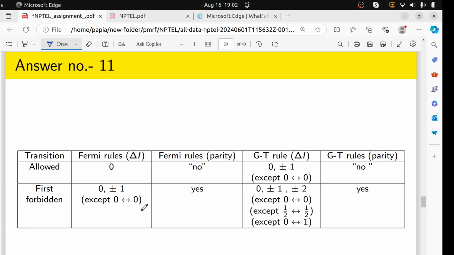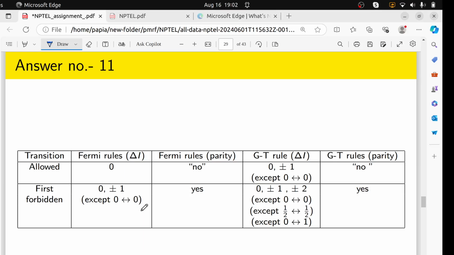Whether it is an allowed transition or first forbidden or second forbidden transition, it's given in the different conditions. But in that table, I just mentioned the allowed transition and the first forbidden transition. Okay, fine.